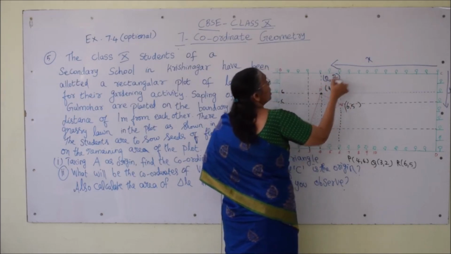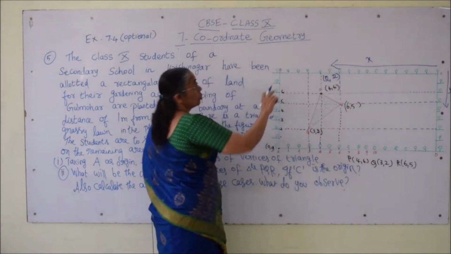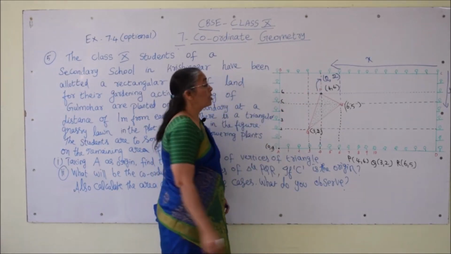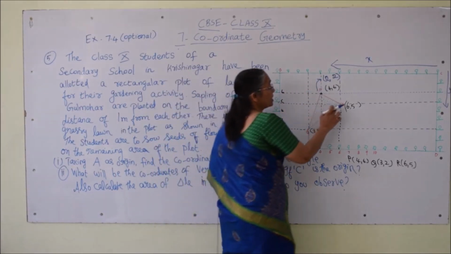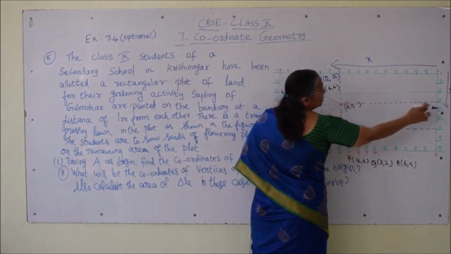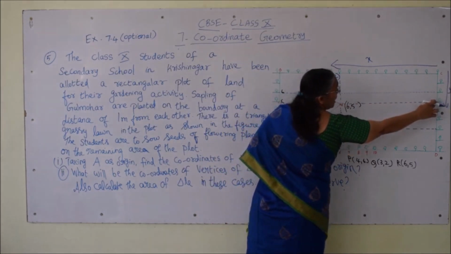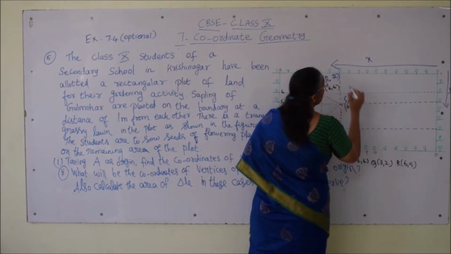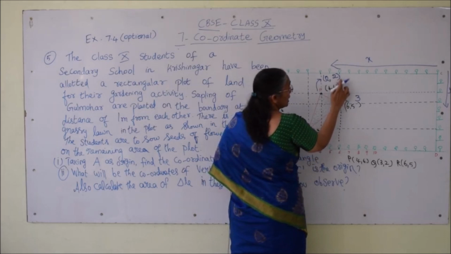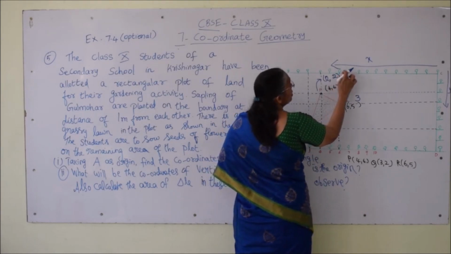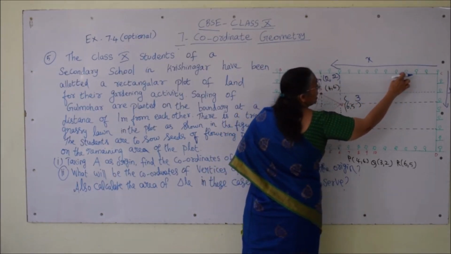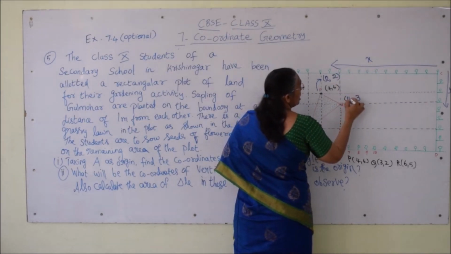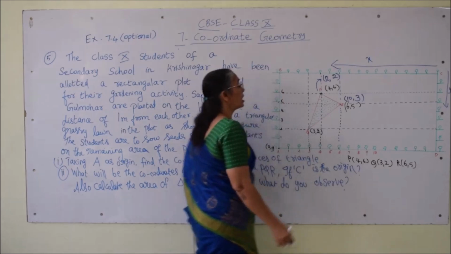So, 12, 2 is the vertex of P by taking C as origin. Now, let us see the vertex of R. The point on the y axis is 1, 2, 3, so the y coordinate is 3, and the point on the x axis for this one is 1, 2, 3, 4, 5, 6, 7, 8, 9, 10. So, the coordinates of R are 10, 3.